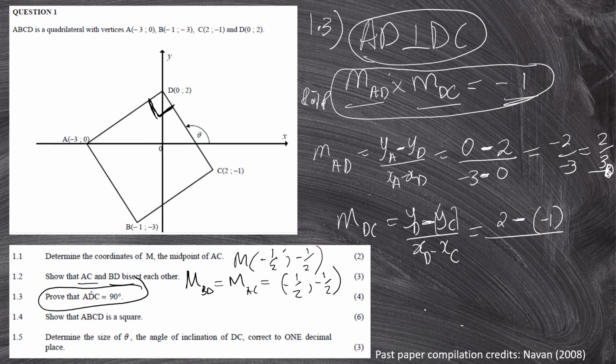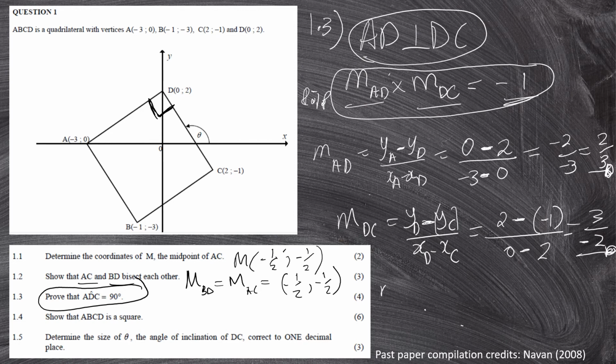So be careful there. X at D is 0 minus, what is our x at C? It is 2. So it will be 2 plus 1, which is 3 over minus 2.